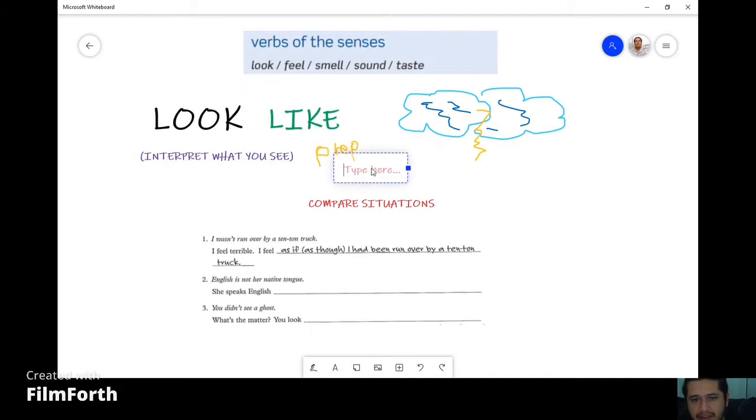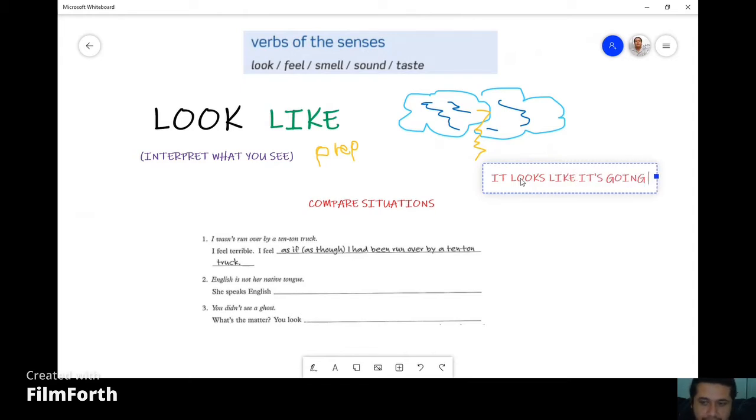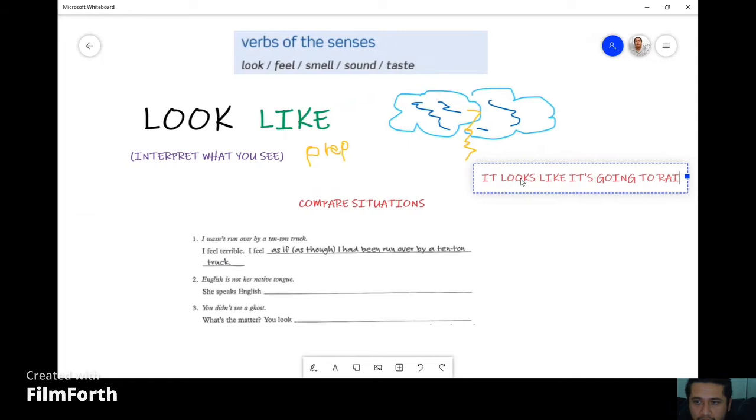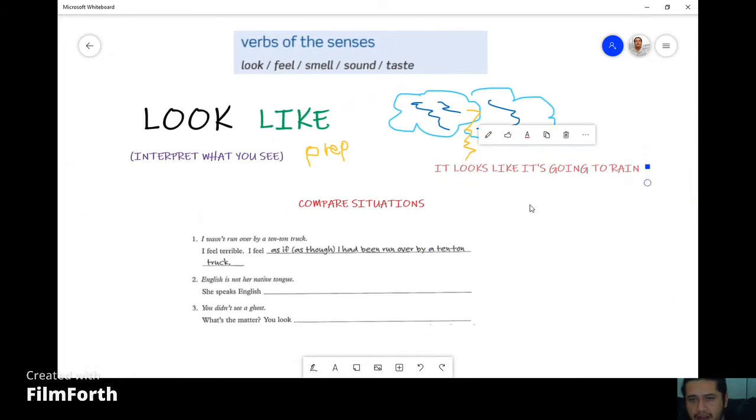Let me give you an example right here. You can see the clouds over there, so you can say it looks like it's going to rain. You can also use another structure over here. You can use as if.